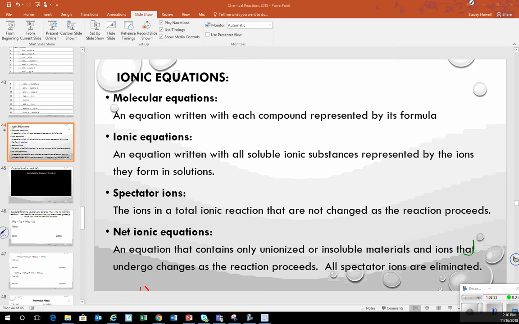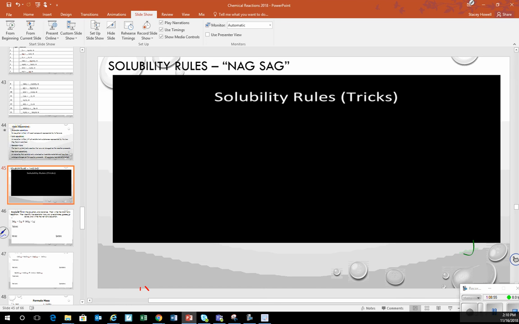So if you have something in math that's the same on both sides, you can cancel them out, right? That's the spectator ions. Net ionic equation is what I'm left with. We will be going through each of these again, so if you didn't get the notes down for that, you can do it. I want to go on to the video here. Go ahead and thank you, the lights.